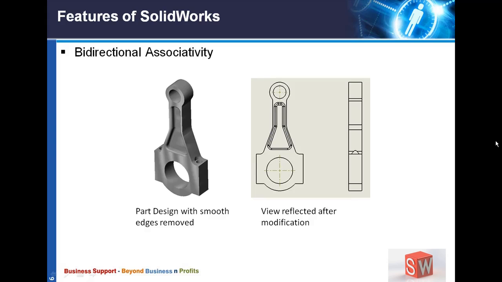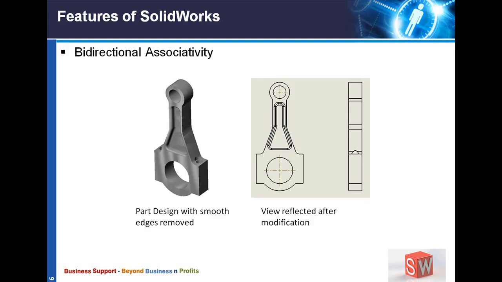If we apply the round, it is immediately reflected in the drawing also. This is what we call bidirectional. If you reduce the hole size, it will also reflect in the associative drawings. Moreover, if he changes anything in the drawing environment, that is in the orthographic views, it will reflect in the part and assembly. This is what we call bidirectional associative.